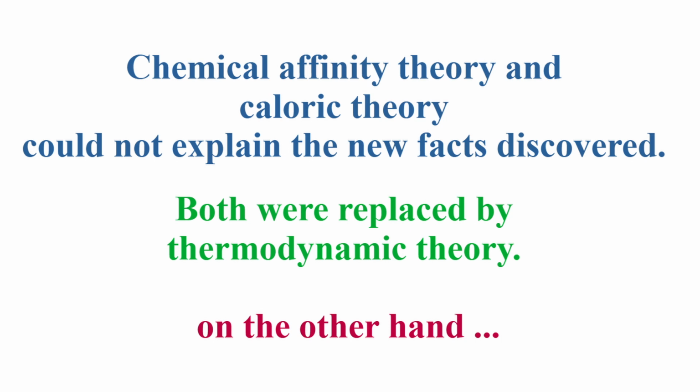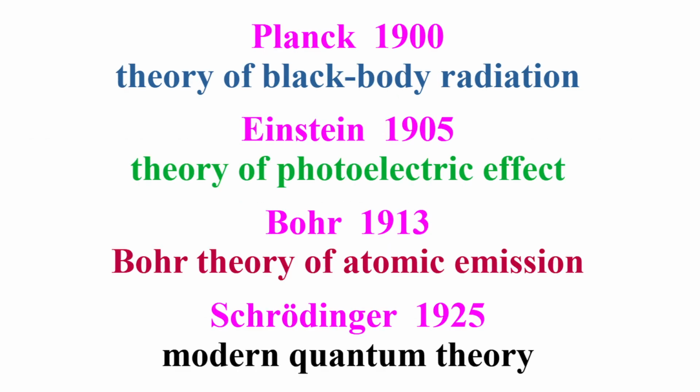In contrast, let us consider the following example of a thought experiment supporting a theory. In 1900, Planck sowed the seed for the birth of modern quantum theory through his theory of black body radiation, in which he postulated quantization of energy to solve the first mystery of that time.